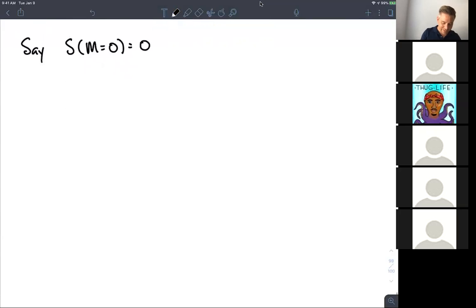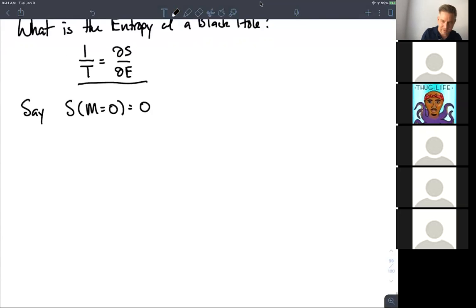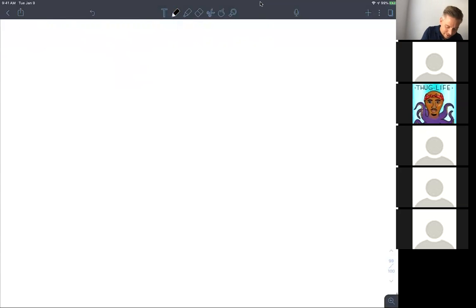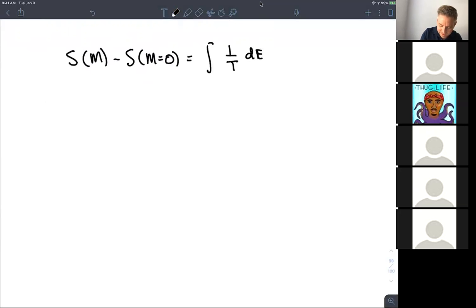And so if we take this expression and integrate it, what we will get is that the entropy of mass m minus the entropy at mass 0 should be equal to the integral of 1 over the temperature dE from zero energy to the mass energy of the black hole. And again, this is 0.